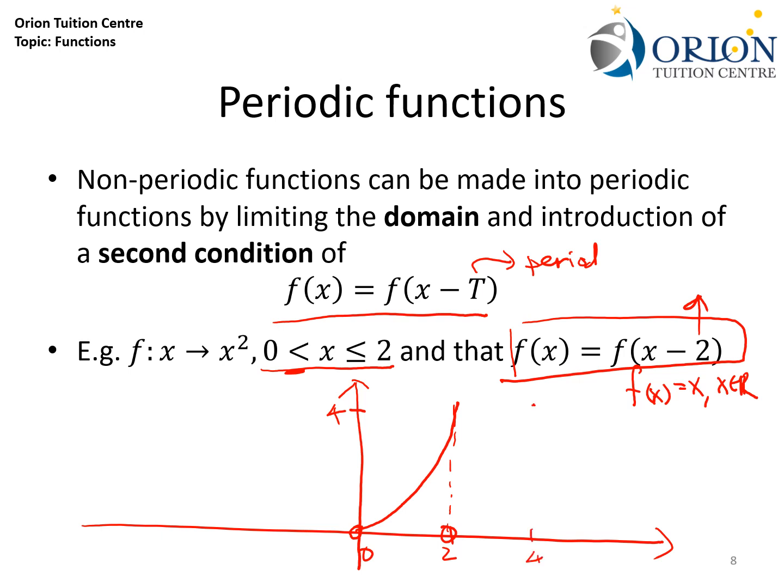So I can join them using the same quadratic graph. From 4 to 6, same thing, like this. And I can do so for the negative portions from -2 to 0, this, -4 to -2, this, and so on.